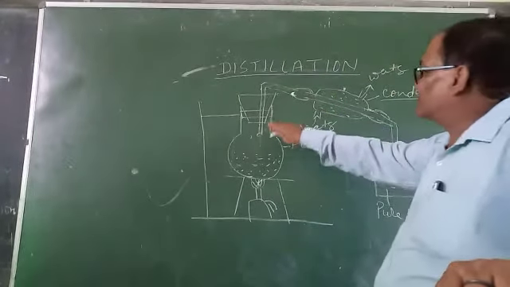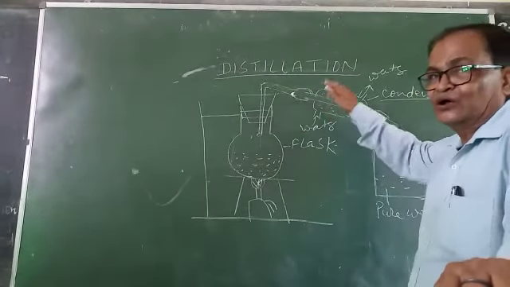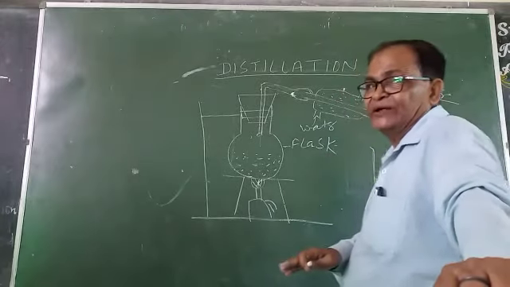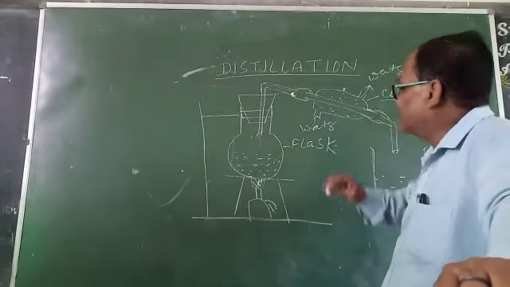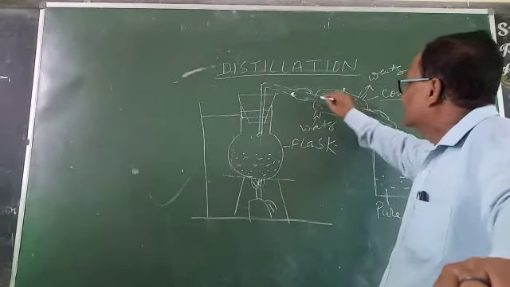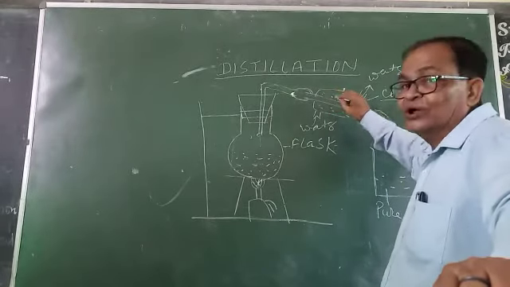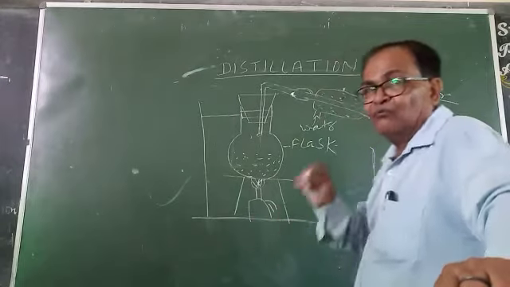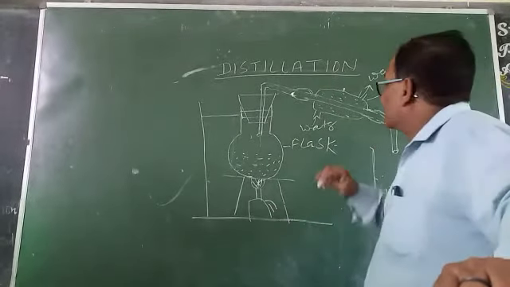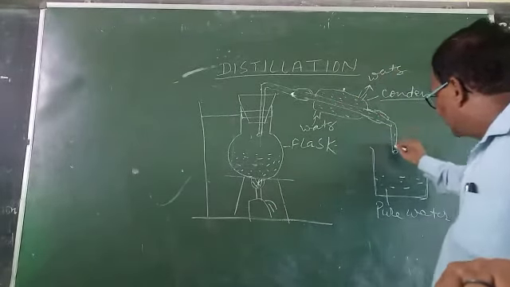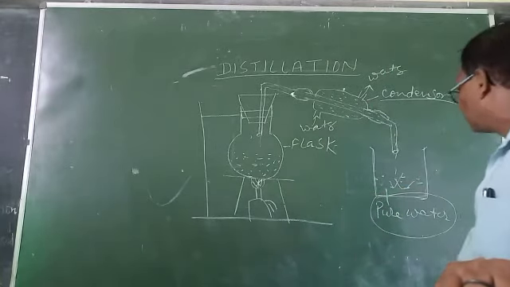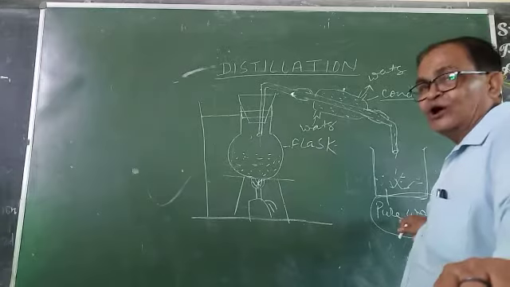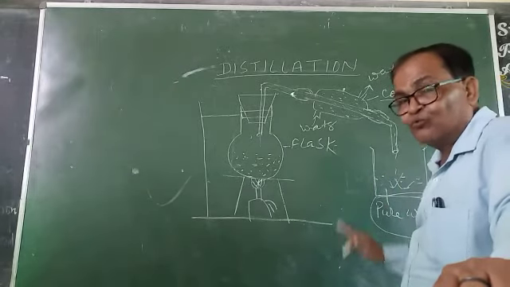As the water vapor enters the condenser, due to decrease in the temperature, I mean to say that due to cold water, it condenses into water molecules, water, and is collected in this vessel. This is distilled water and is called pure water.